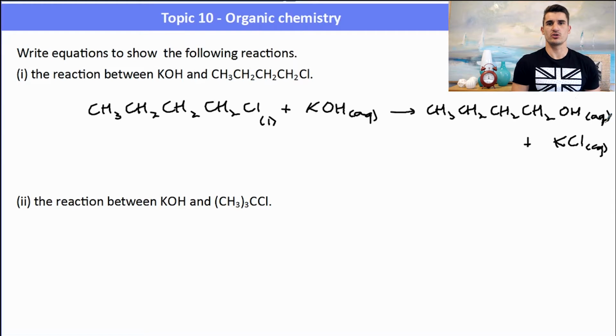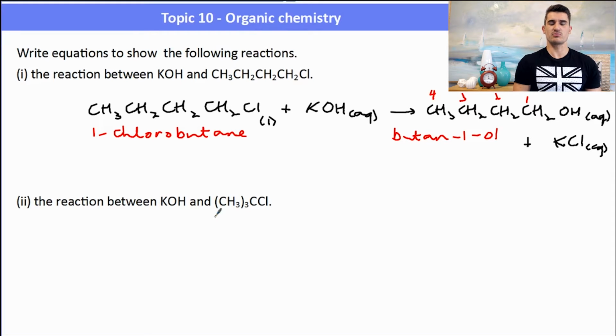Don't think you need to be too concerned about states for these ones, but I've written the states in just in case. They'll just ask you what state does the hydroxide need to be in, and it needs to be as an aqueous hydroxide. So in this reaction we've converted 1-chlorobutane into butan-1-ol via a substitution reaction.